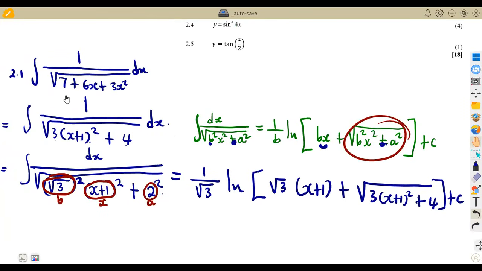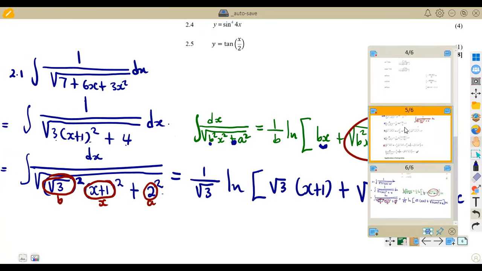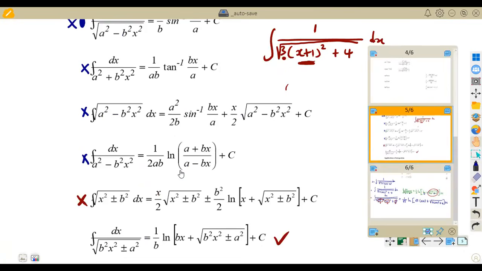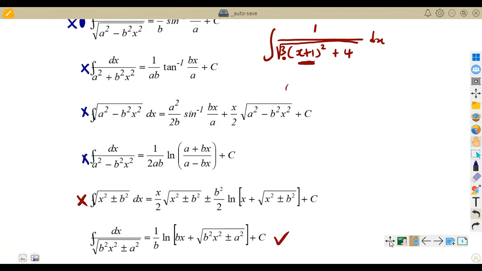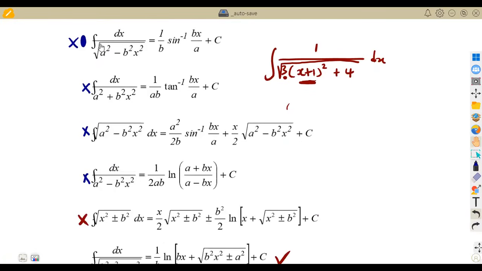Is it over the square root? Is there no square root? You go back to those integrals that I showed you previously, which are these integrals. One of these is going to work for your question.